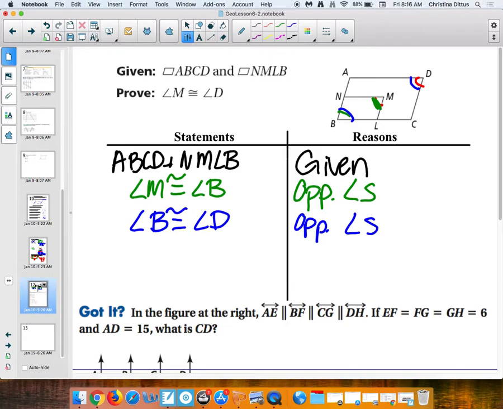Why? Yes, transitive. Take out the middleman. If they're both equal to the same thing, then those two things have to be equal. M has to be the same as D by the transitive property. So I kind of think of it as like, take this out and then these two things have to be the same.